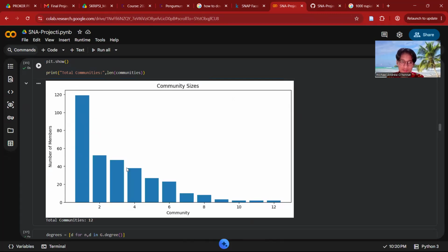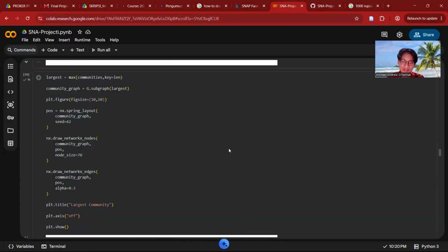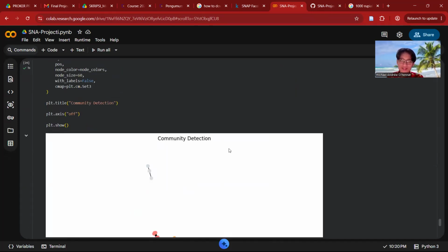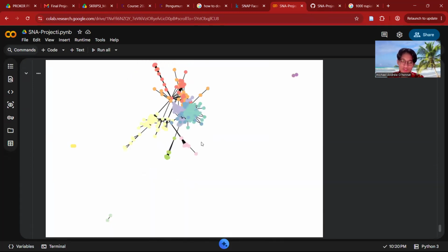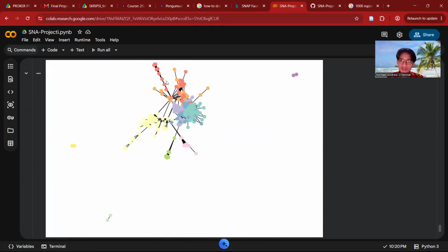Like I said before, this is the number of communities. There are 12 different communities, and I displayed it in this way so we can see which community is bigger, which community is separate, and which community is close to other communities.